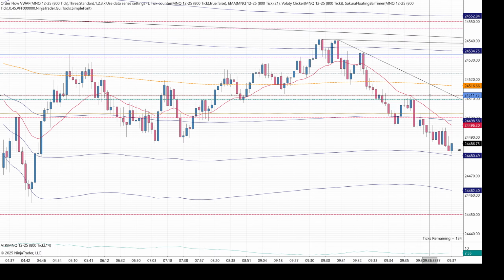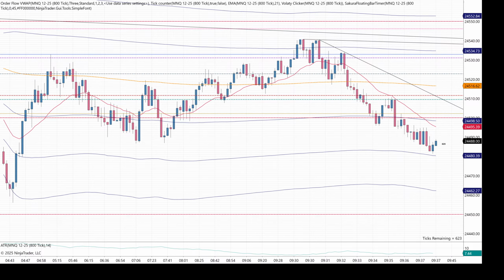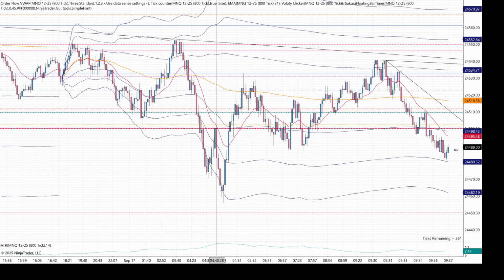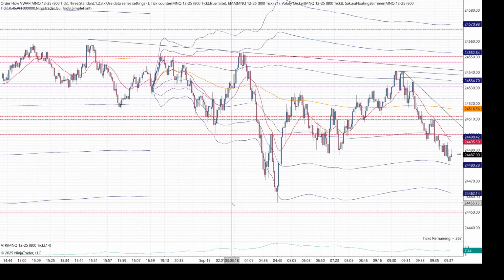$11.50. I'll go ahead and mark this. This is the overnight low. We might be looking to test that.